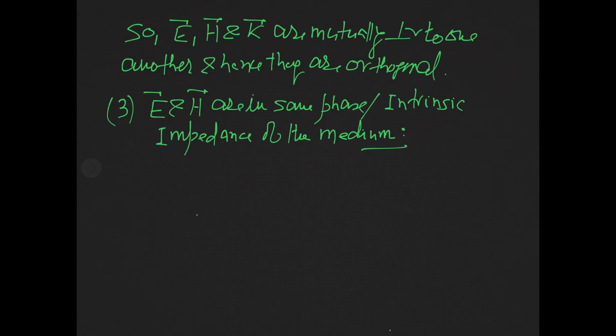And if the result is like this, only then we can say that these two vectors are in same phase. Actually, you will see in case of an electromagnetic wave traveling in an isotropic dielectric, this condition holds, and so we say that these two vectors E and H are in same phase. And while proving this, we will calculate the intrinsic impedance of the isotropic dielectric.